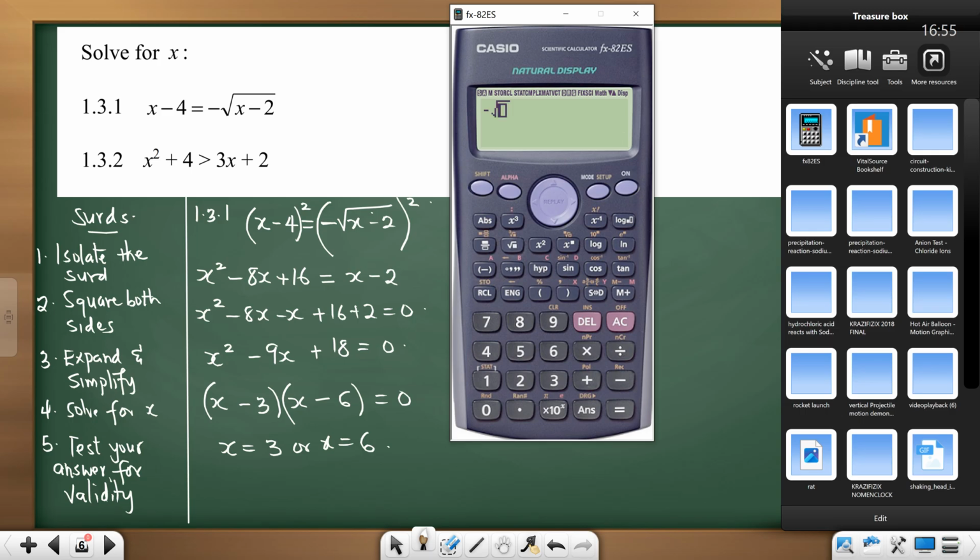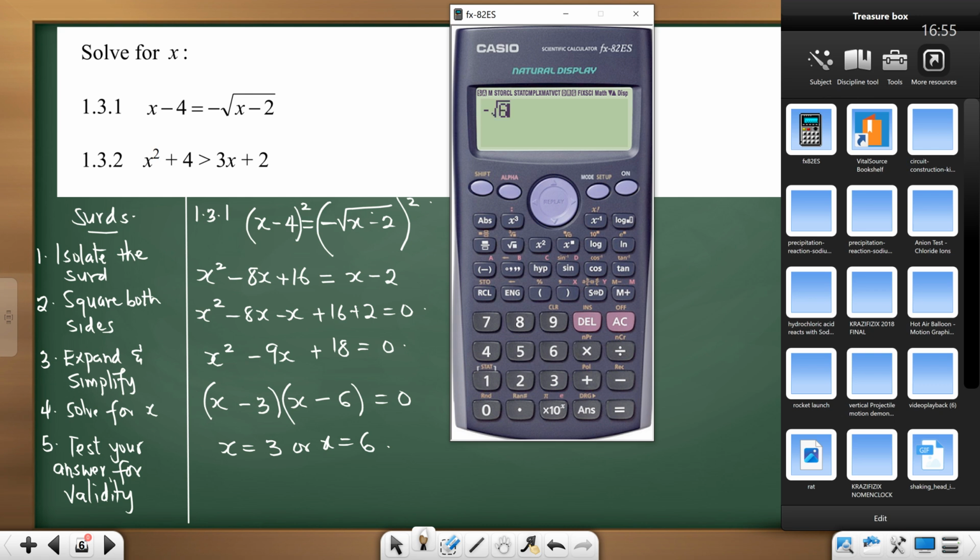So check: negative square root of 3 minus 2. My left-hand side is negative 1. My right-hand side is also negative 1. That works. x equals 3 works. What about 6? Left-hand side, 6 minus 4 is 2. Now let's go to the right-hand side.